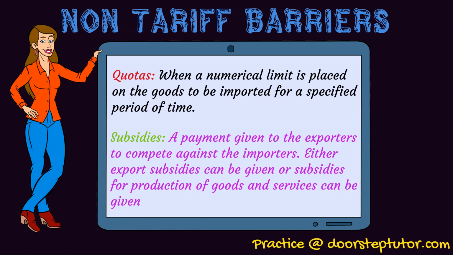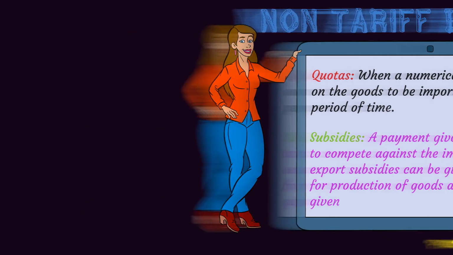Let's say I have made many laptops for export. Now the government is giving me subsidies for exporting them. You export them, I will give you subsidies. But at the time of production also, the government can give subsidies. So this is basically subsidies, right?